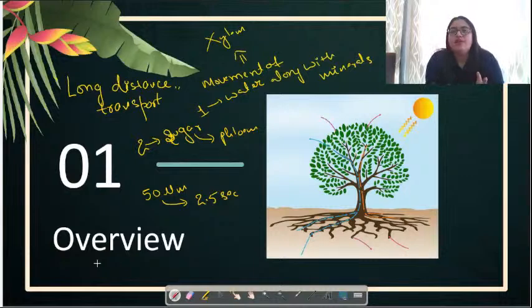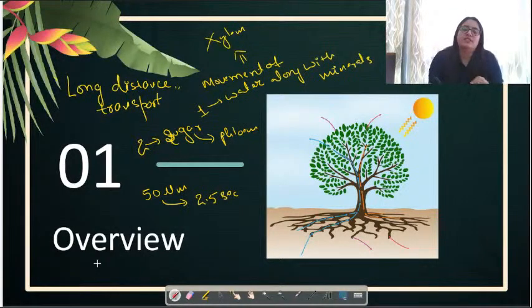So these are very long distances, and processes like diffusion and active transport are just not enough. If plants used diffusion and active transport to transport water, minerals and food, it will take a very, very, very long time, and that is not going to be appreciated, right?